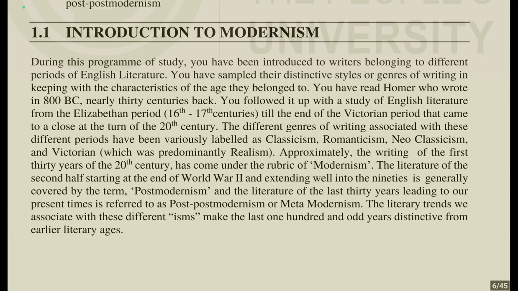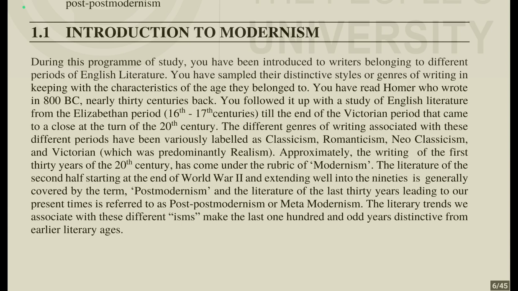And in fact, these periods in literature came to be known because of these genres. So the genre is romanticism, but that particular period in which this genre was very predominant came to be known by the name of the genre itself. So that particular period came to be known as the romantic period.